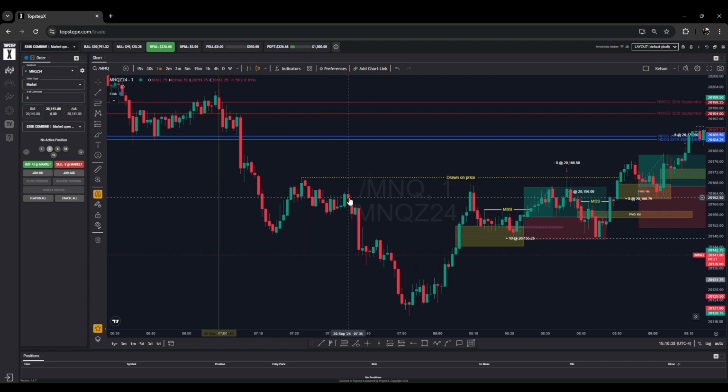I didn't consider this one. This could be considered a relative equal high, but I like my relative equal highs to be more distinct than that. I like them to be closer, guys. So I didn't consider this at first, and I saw price trade down.